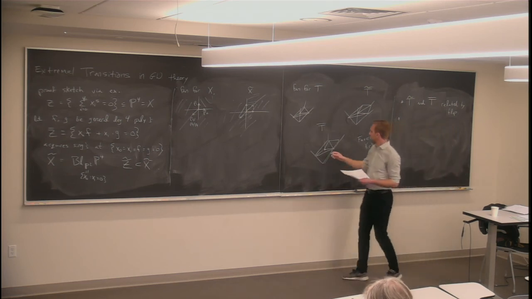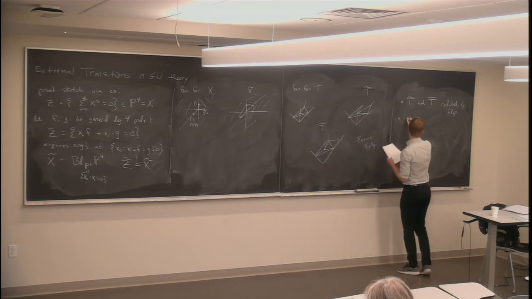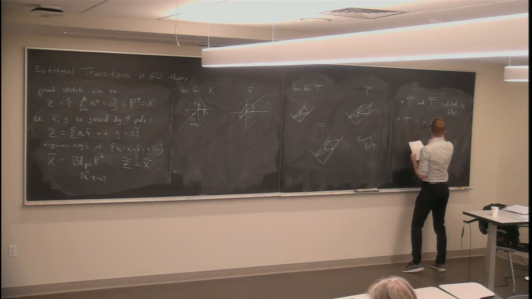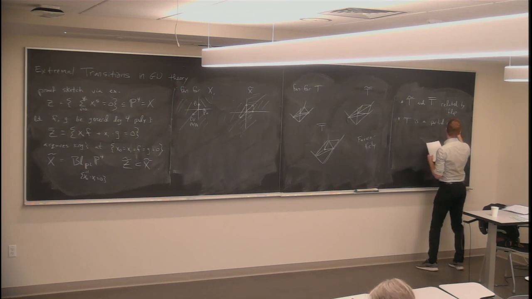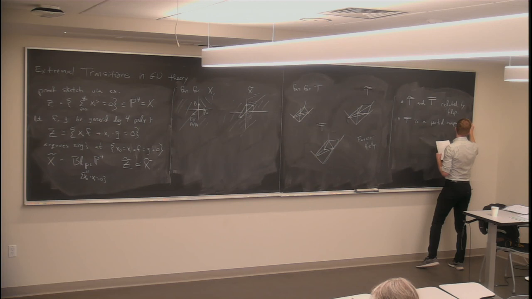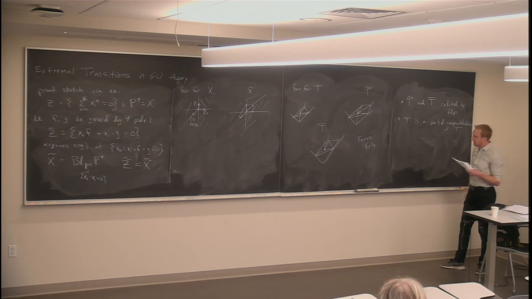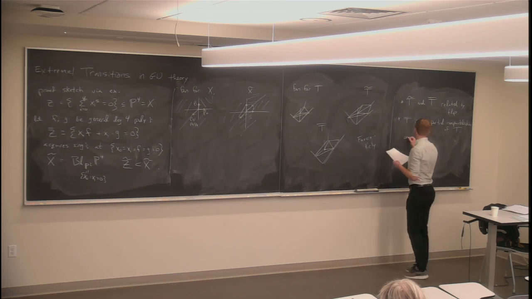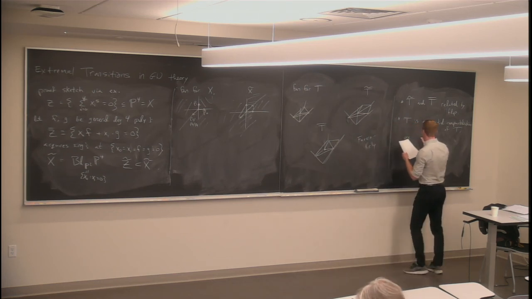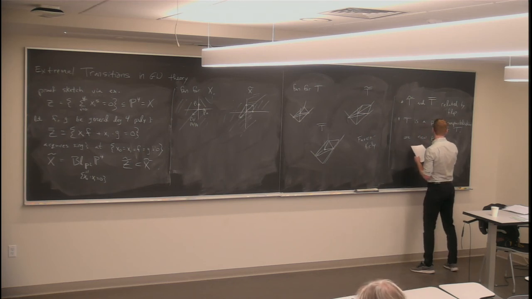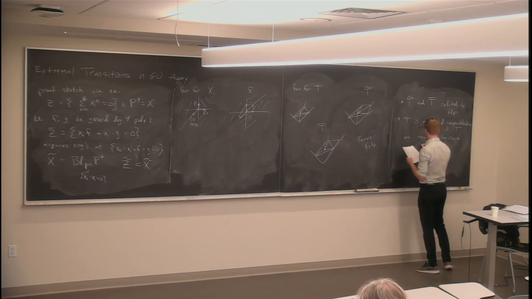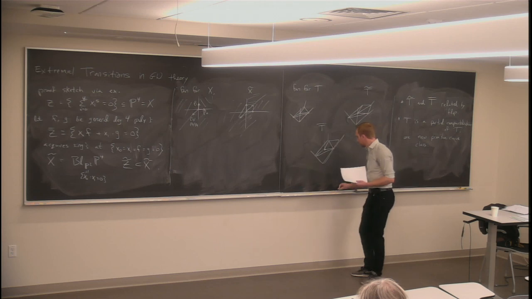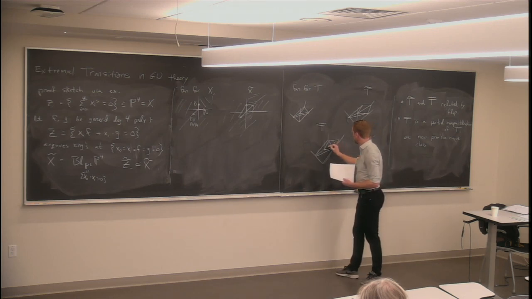And then we need to figure out the connection between T-bar and T. Well, T-bar is a partial compactification of T. If you investigate it carefully, what you see is that as you go from T to T-bar, there's one new curve class, which is connecting this locus to this new locus here.